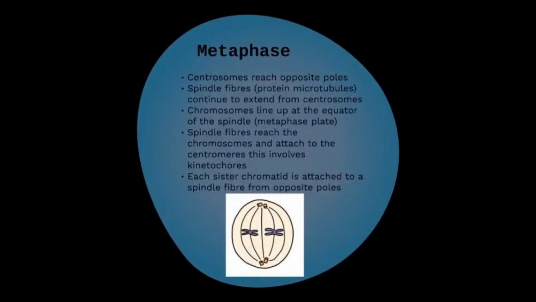So if you remember, there are 2 sister chromatids joined together in the middle at a thing called a centromere. So all the chromosomes, which have 2 copies of each bit of DNA currently, line up at the equator of the cell, and we call this the metaphase plate. The spindle fibers come out from the centrosomes and attach onto the centromere. And at the end of metaphase, each sister chromatid is attached to a spindle fiber from the opposite pole.